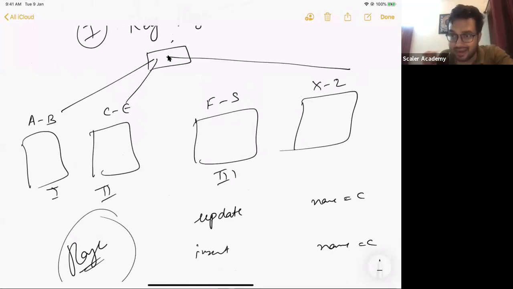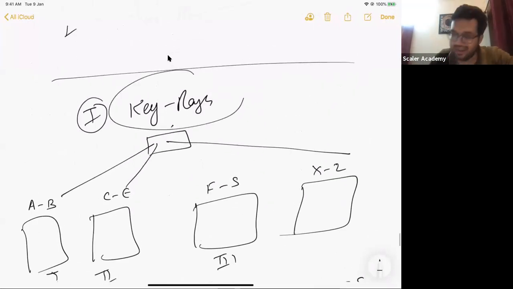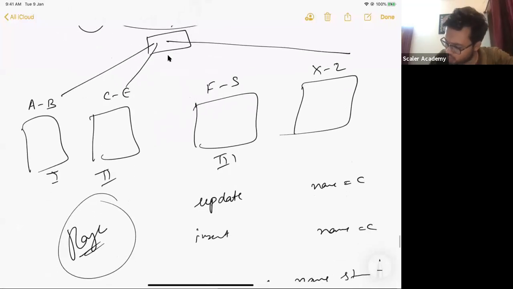So this kind of a thing would be done at the application level by yourself in case of a SQL DB. In case of a NoSQL DB, the NoSQL DB will give you out of the box solutions to do this. Does that make sense, folks? But the concept remains the same. So you may end up using this kind of a key range mechanism in which you can do stuff like this.